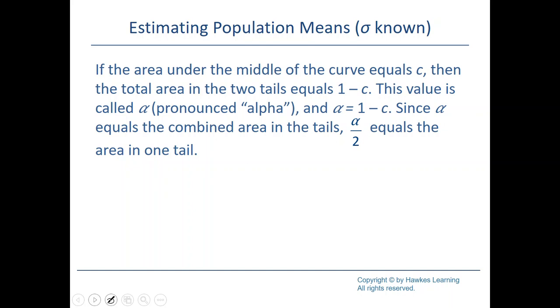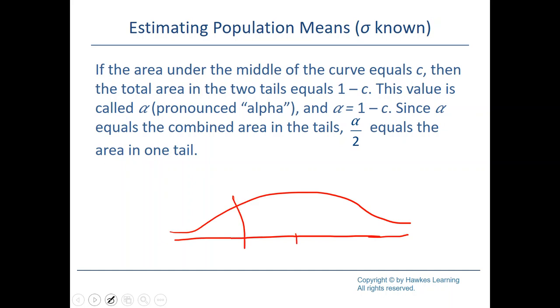Let's draw a little curve here. Here's our x bar. We're saying that here is going to be 95%. Well, what is going to be here and here? This middle area is C.